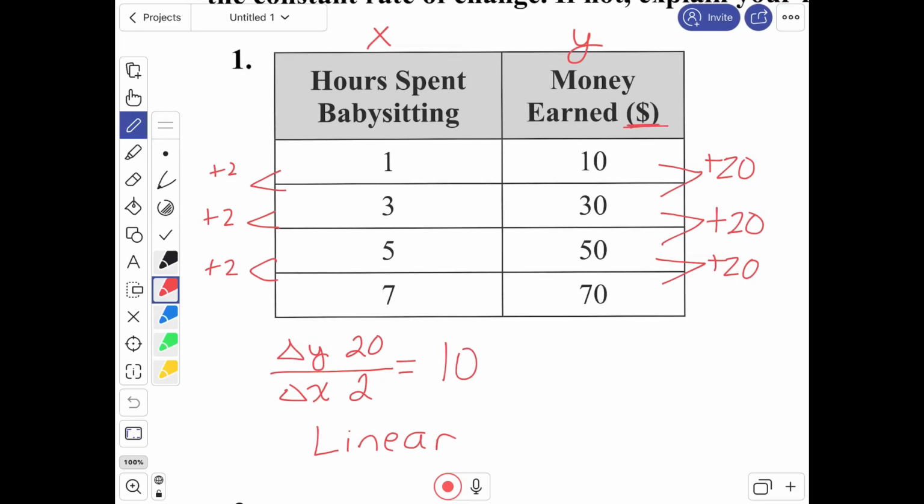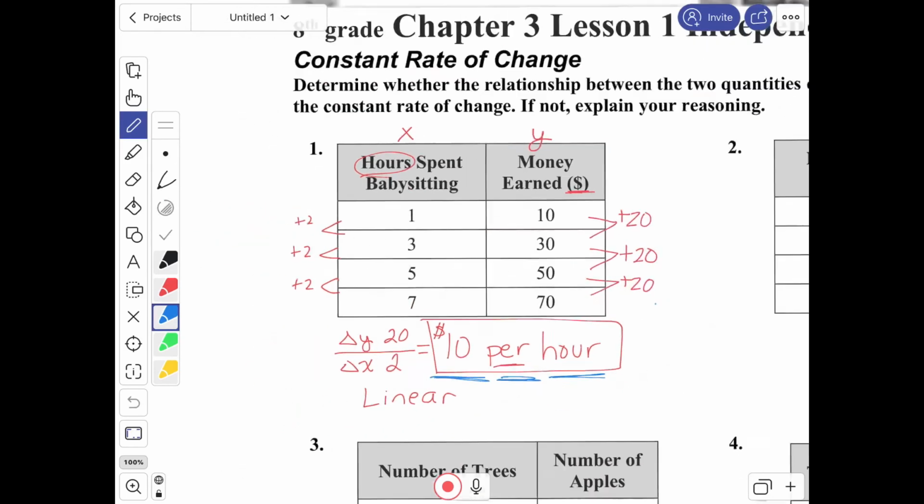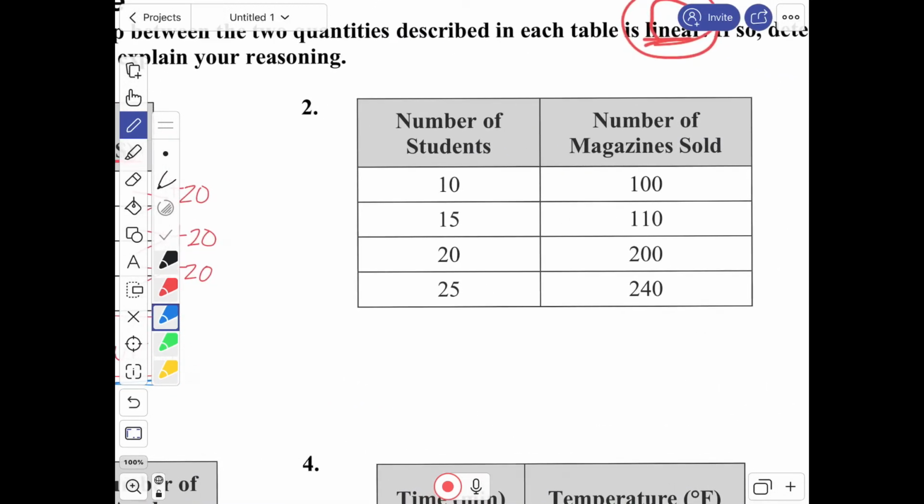And for it to be a rate, you've got to use words. So don't just write the number, write 10. And it's money, so $10 per, got to have that word, hours. So $10 per hour, because you're trying to find out how much they get for just one. So on all of these, you're going to be checking to see if it's linear. And if it is linear, then you have to write in words the number, per, and then the other describing words.